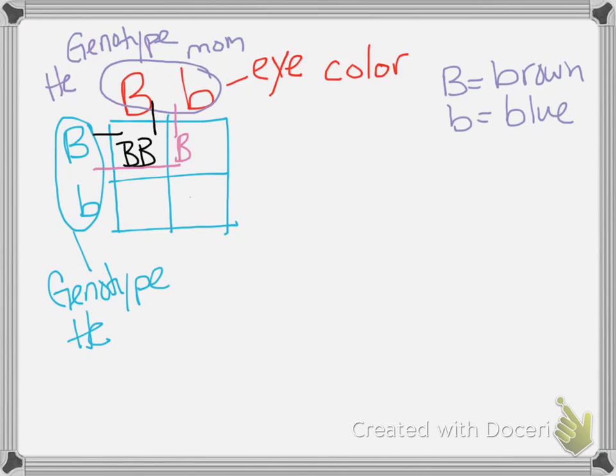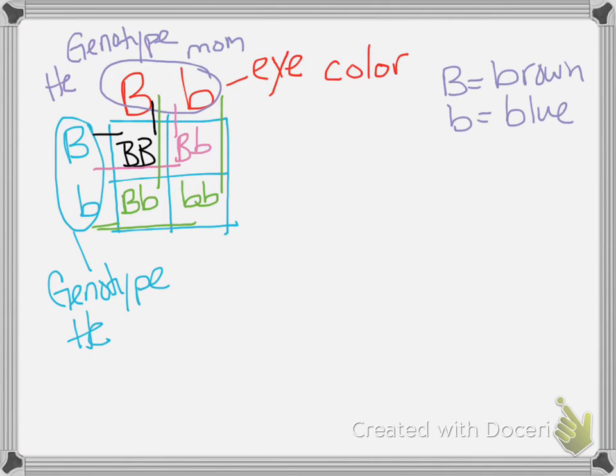And so you're going to get a big B, lowercase b. And then in this quadrant down here, that's going to come down, that's going to come over. You always write the capital letter first and then the lowercase letter. And then in the fourth quadrant, you bring this down, you bring this one over. So you have two lowercase b's here.